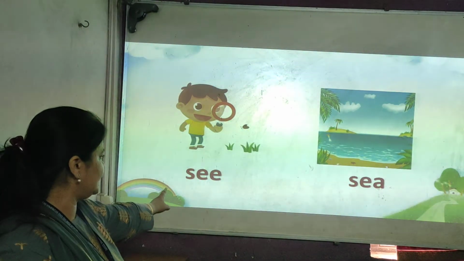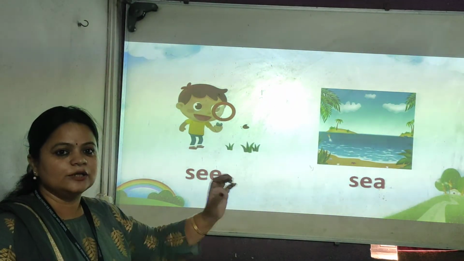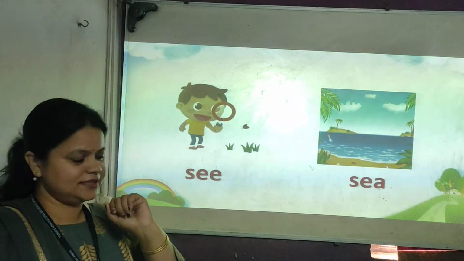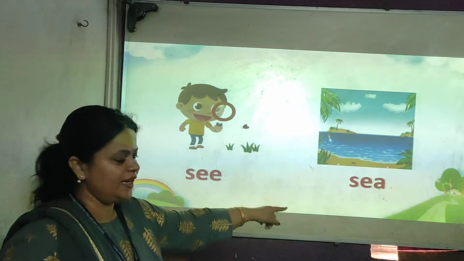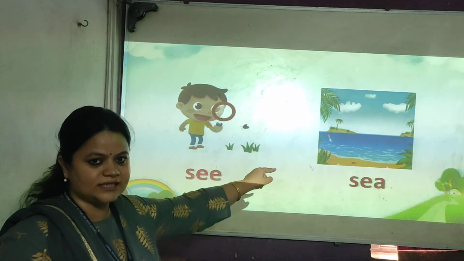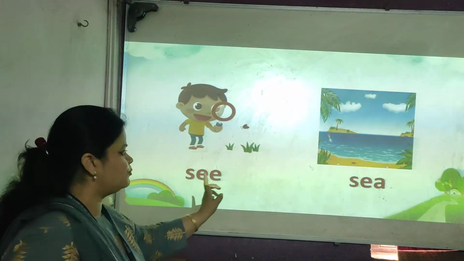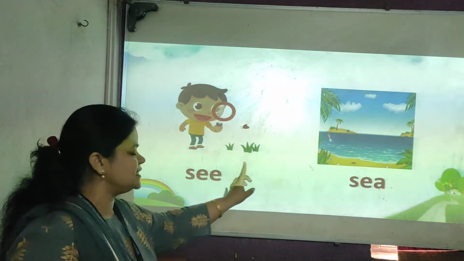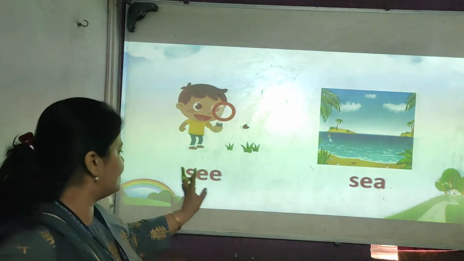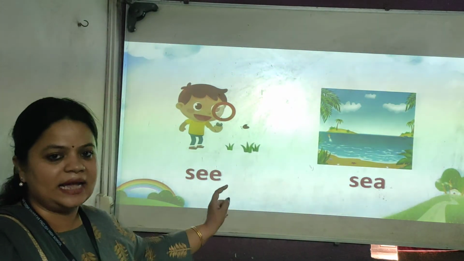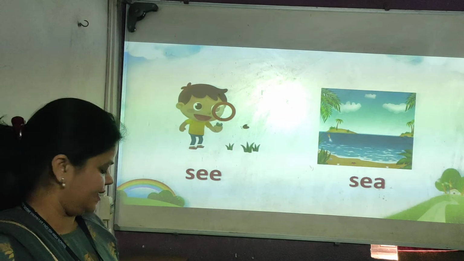For this, see means to look at something, yes, and that sea means the water body. So when you read both the words, they sound the same, but their spelling and meaning are different. We'll see the next one.